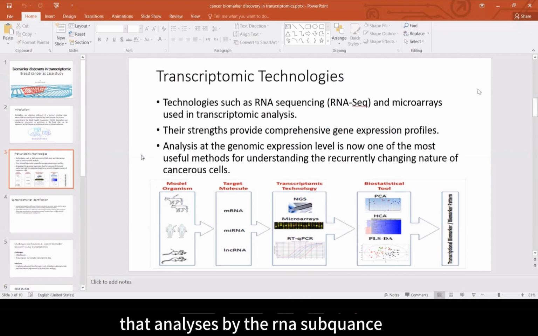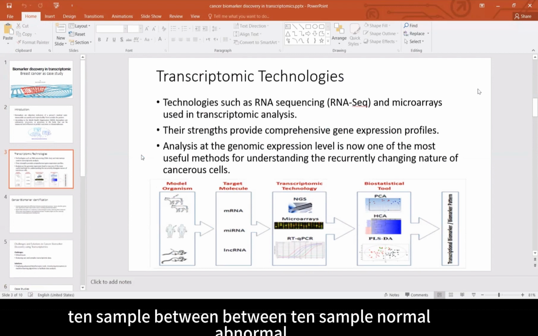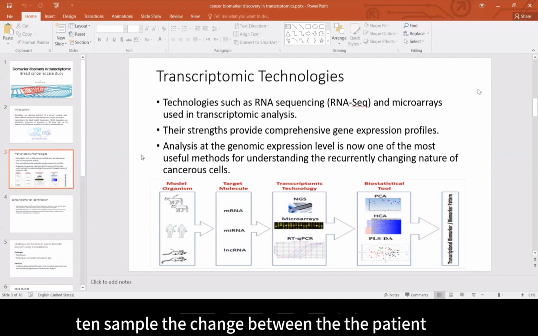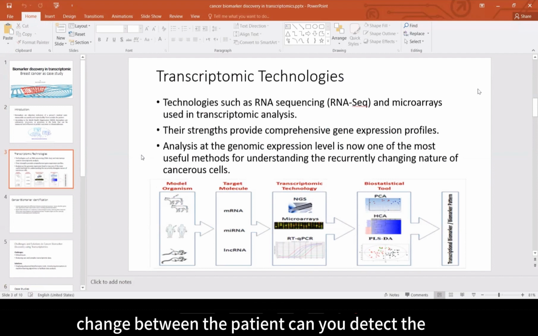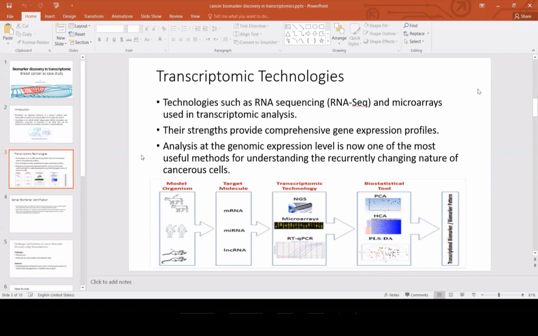The data analysis is by RNA sequencing. Okay. How many samples did they use? Ten samples, normal and abnormal. The change between the patients, can you detect the change between the patients?